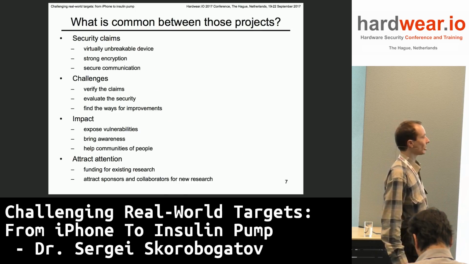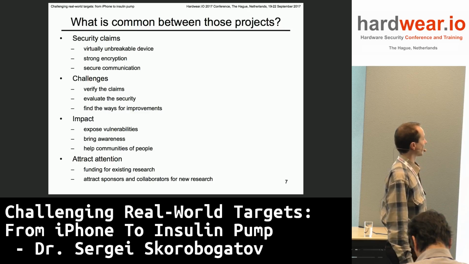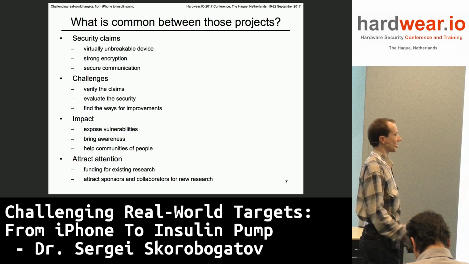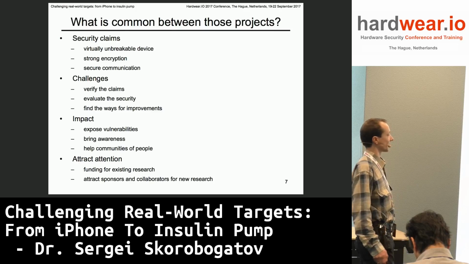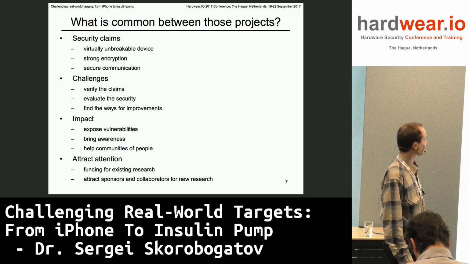So what's common between all those projects is that usually the manufacturers make quite strong security claims that these are unbreakable devices, that the communication is encrypted and secure. And the obvious challenge from my side was to verify all these claims and to find the possible ways for improvement.